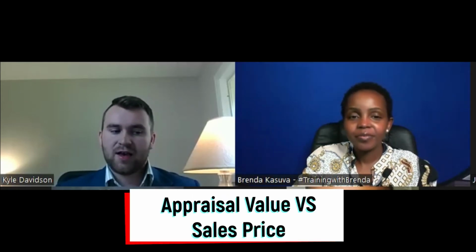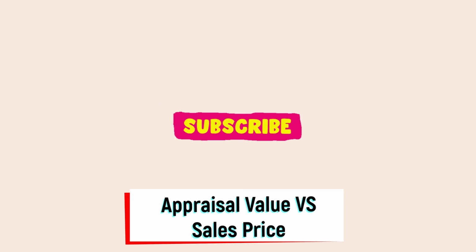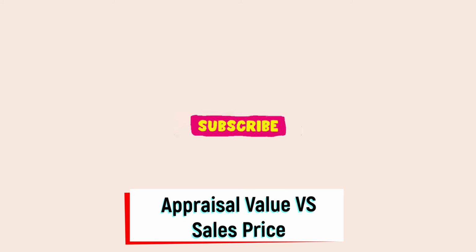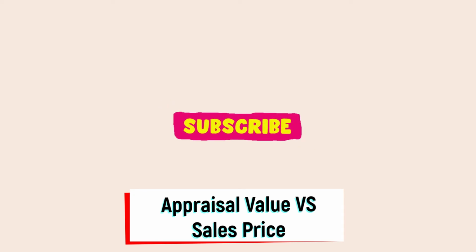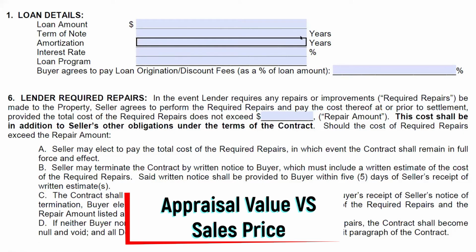As far as when it comes back, so you're asking if there's a discrepancy in the value? Yeah, I always explain this to my borrowers as well. There's really four outcomes that can happen. The seller can make up the difference and just drop the purchase price. The buyer can make up the difference, and sometimes they will say that in their offer right off the bat, that they'll make up to $5,000.